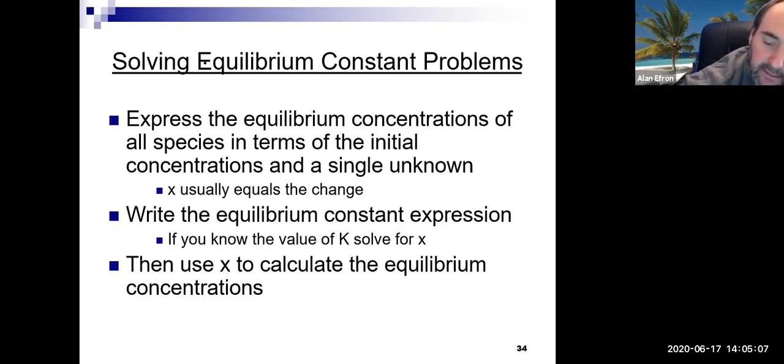And the way that we commonly do that is through the use of what are known as ice tables. And ice tables, I is initial, C is change, and E is equilibrium.